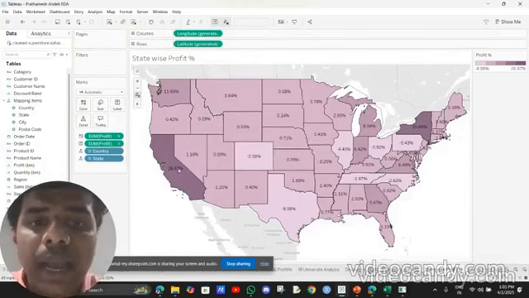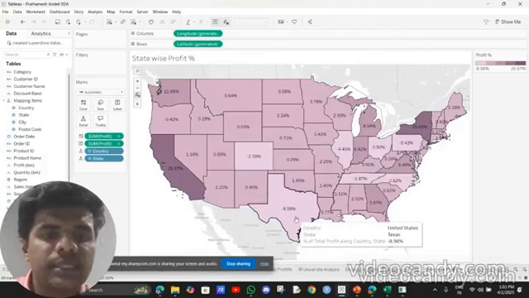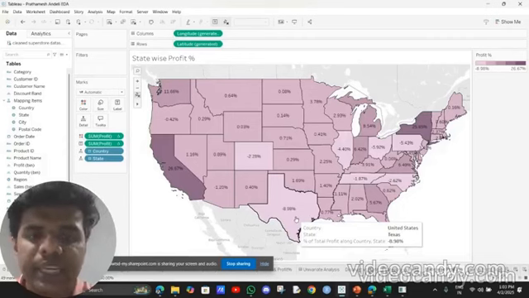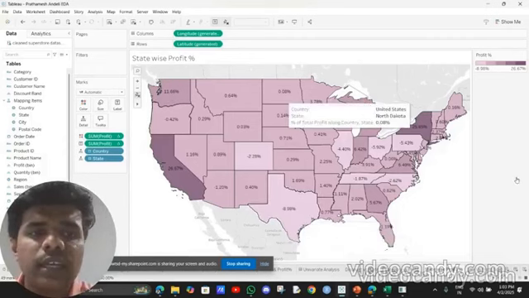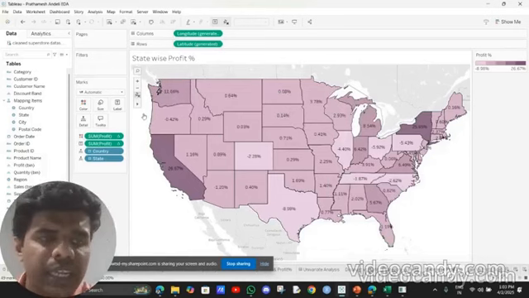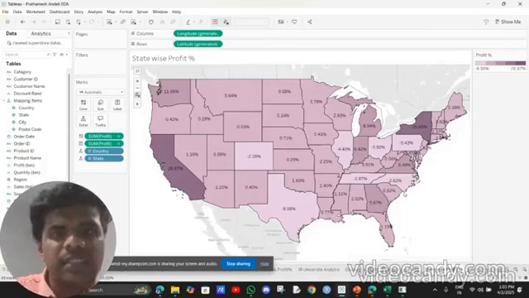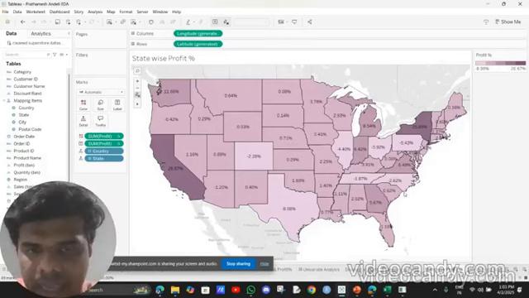By this plot, we can say that California is the most profit-making state. At the same time, Texas is the most loss-making state. All the others lie in between. So it's very self-explanatory in nature. I think this is the magic of Tableau, which I like the most.